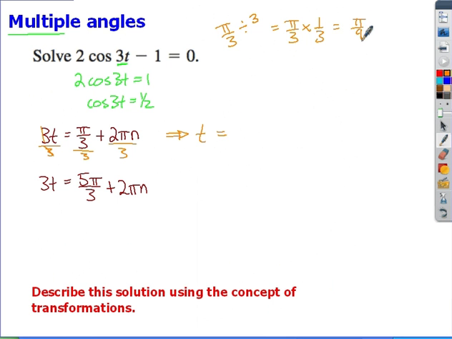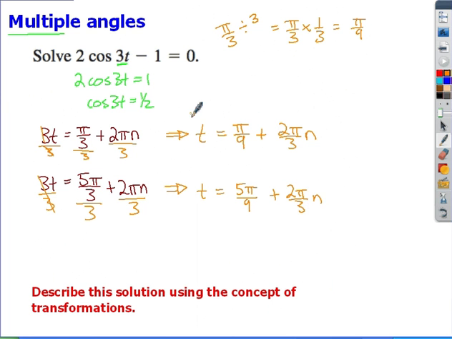So we have here pi over 9, and then plus, we should write it this way, 2 pi over 3 n. Same thing down here: divide everything by 3, those cancel, so we have t equals 5 pi over 9, and then divide this by 3 also, plus 2 pi over 3 n.